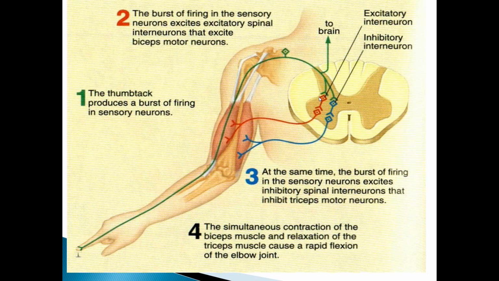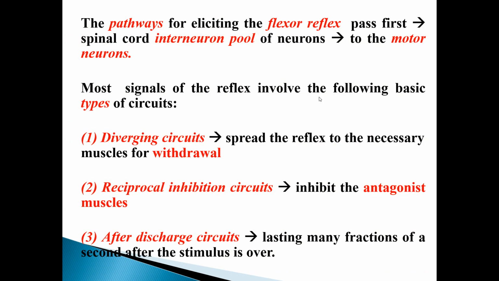At the same time, there is the burst of firing in the sensory neurons exciting the inhibitory spinal interneurons that inhibit the triceps motor neurons, leading to the simultaneous contraction of biceps muscles and relaxation of triceps muscles, causing a rapid flexion of the elbow joint. The pathways for eliciting the flexor reflex pass first to the spinal cord interneuron pool of neurons, and then to the motor neurons.